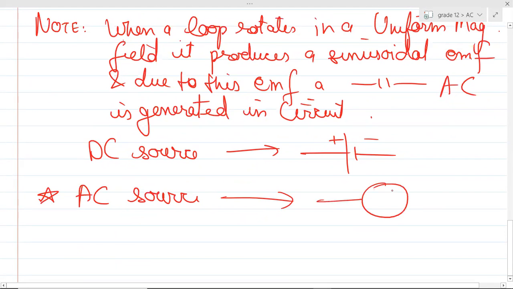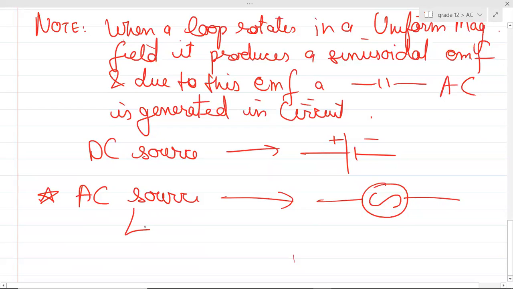AC source looks like this. You'll draw a circle and write an S inside it, rotated by 90 degrees anti-clockwise. S rotated 90 degrees anti-clockwise, okay? So this is the symbol for your alternating current.